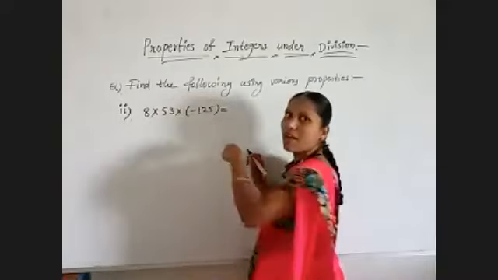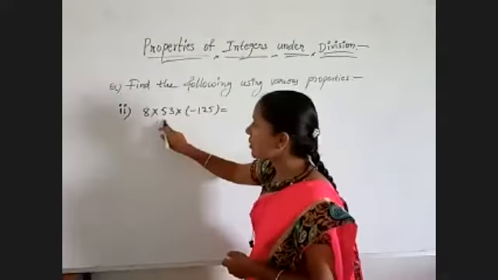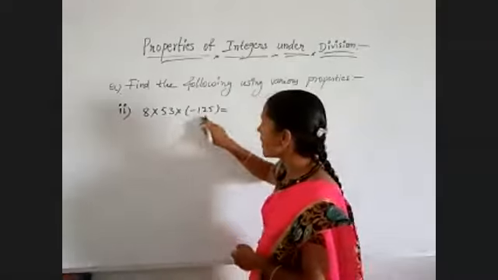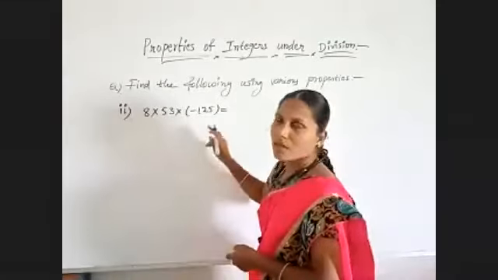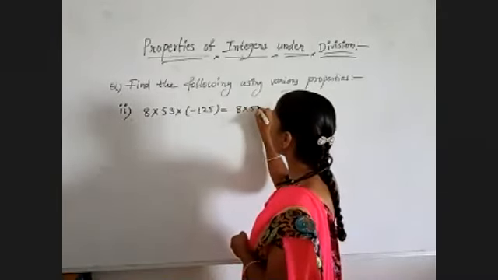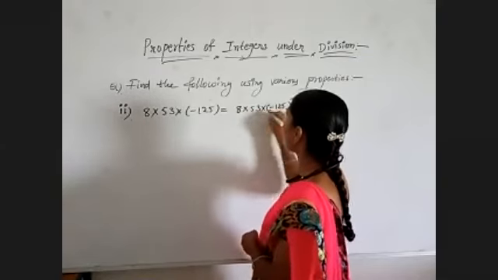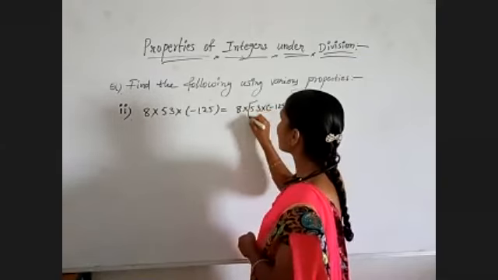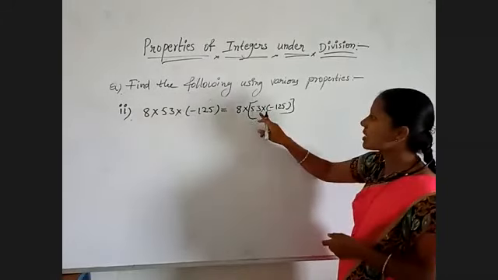For that sake, I want to change the order. So this number I am going to interchange this side and this number is this side. Two numbers I am changing. So which numbers I am going to change? First step, you need to keep the brackets to indicate which numbers you want to change. I want to change the second number as third number.